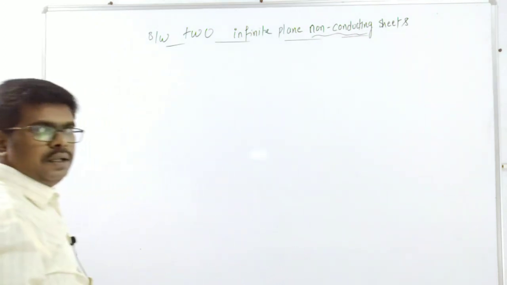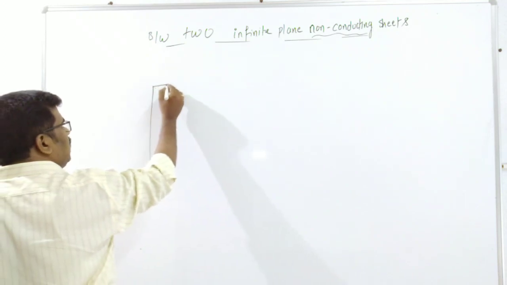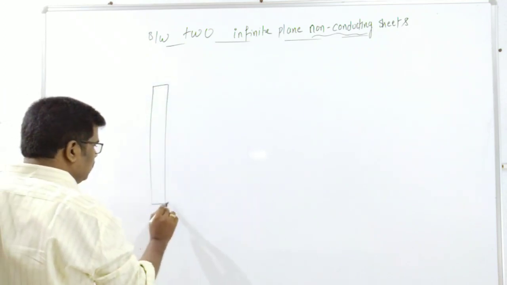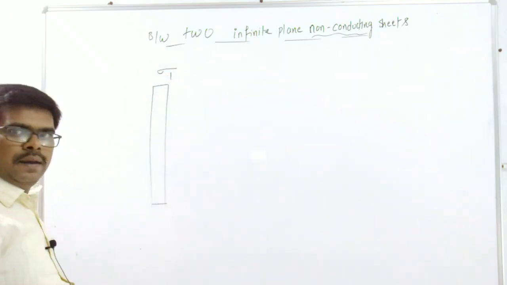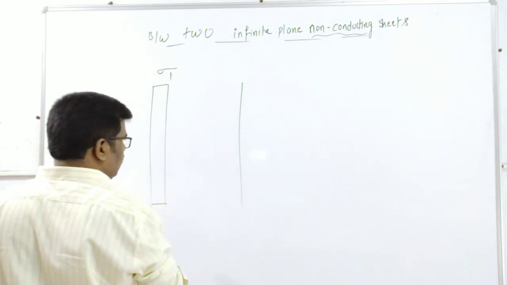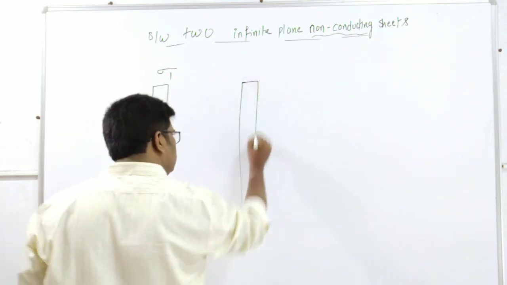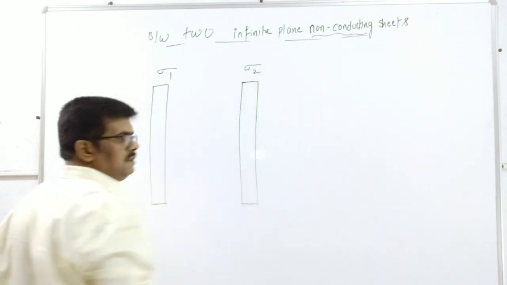Now I am going to take one non-conducting sheet having charge density sigma 1, and parallel to it we are taking another non-conducting sheet whose charge density is sigma 2.